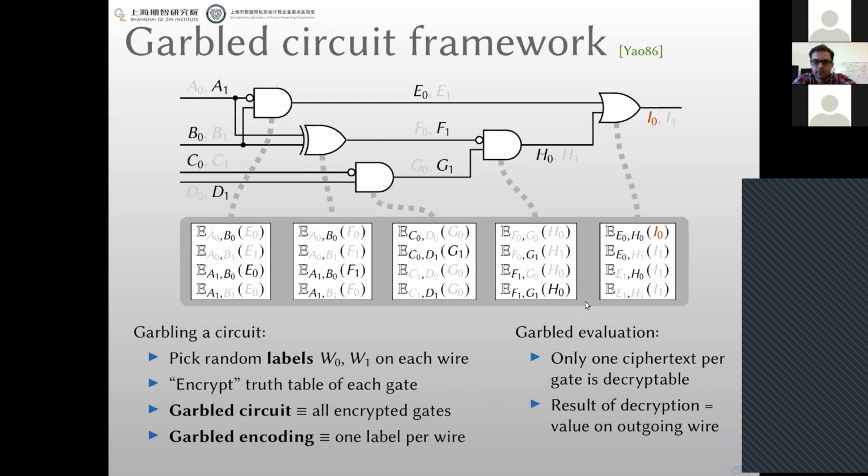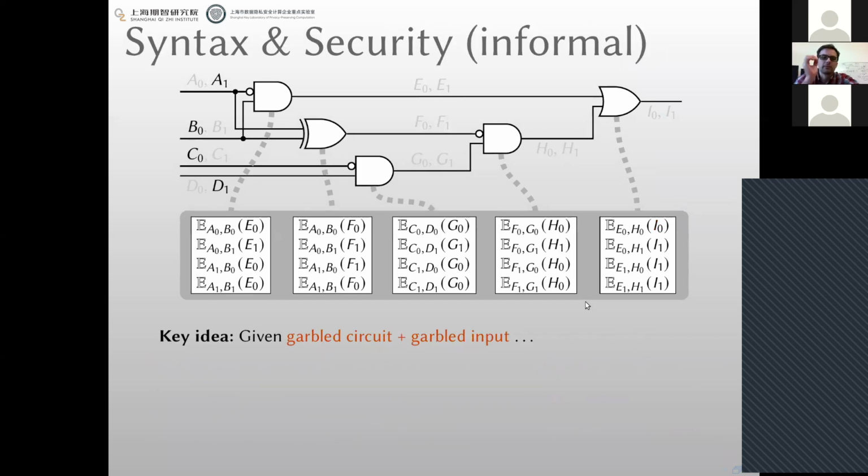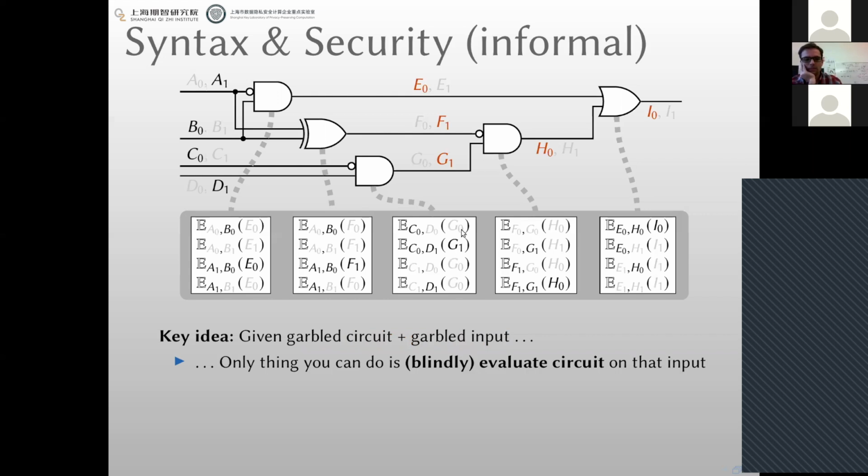Okay, the important idea is that in the protocol, Bob sees a garbled circuit, all of these ciphertexts, and he sees the garbled input, this garbled input encoding. And the idea is that the only thing that's really possible is to evaluate the circuit in the way that I described.